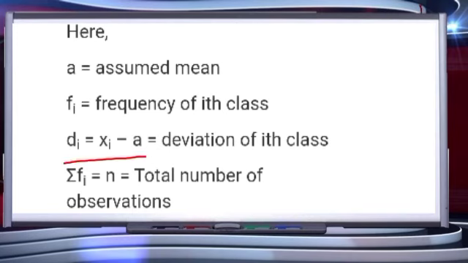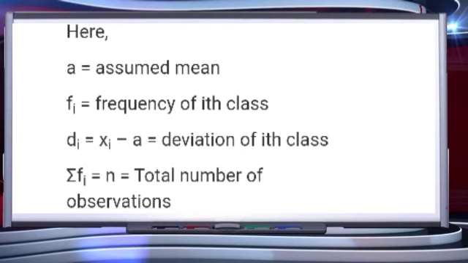Similarly di is xi minus a. So d1 stands for x1 minus a, d2 stands for x2 minus a, and so on. If 5 values are there, we will calculate it till 5. If 4 are there, we will calculate it for 4. And next is the summation fi, which is nothing but n, that is the total number of observations on which we are working.